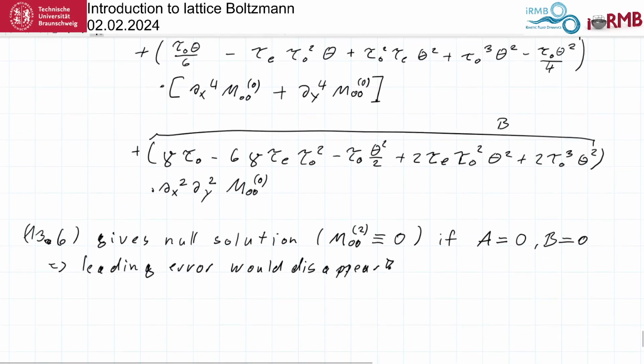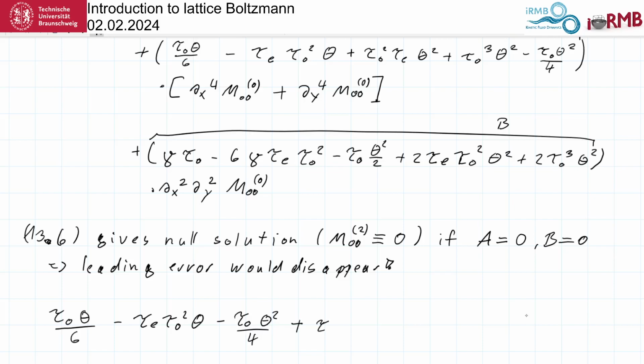Okay, so again, there's a possibility that I get this all wrong here. Let me just try. So there's tau 0, tau odd times theta divided by 0 minus tau even tau odd square theta minus tau odd. So hopefully this is just the one above. By 4 plus tau even tau odd square theta square plus tau odd cube theta square is supposed to be equal to 0.